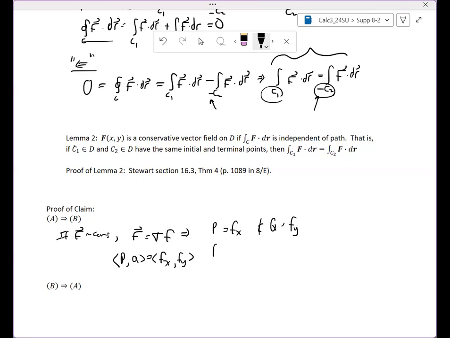So then what is Py? That's fxy. And what is Qx? That's fyx. And provided that we have nice continuous partials and so on, these are equal to one another. So if F is conservative, then dP/dy equals dQ/dx. That's the part that we saw easily before.